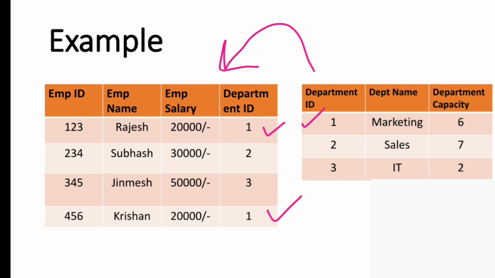Okay, you find two employees, that is Rajesh and Krishan. Now you just add their salaries, that is 20,000 plus 20,000, that is 40,000. So this is how you get information by adding foreign keys and by connecting two different tables that have different attributes. Alright?